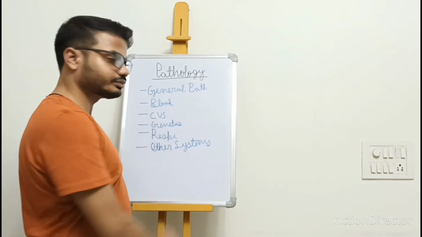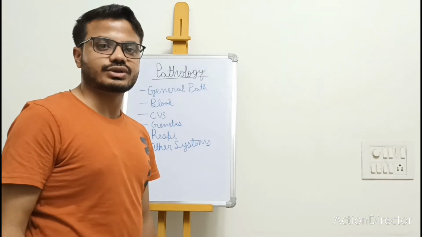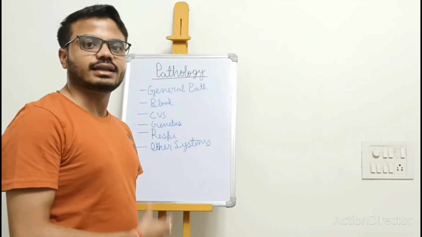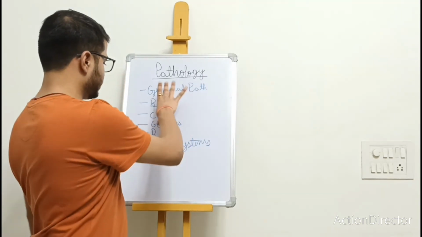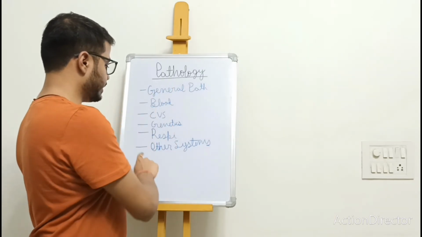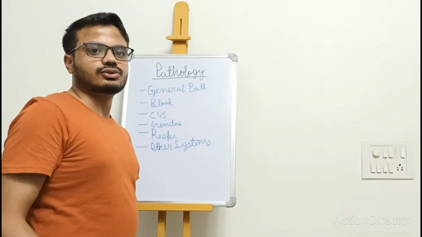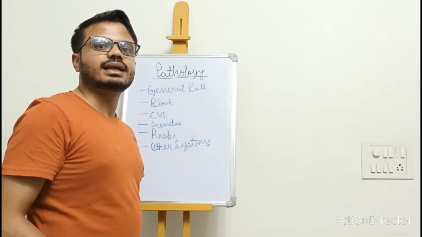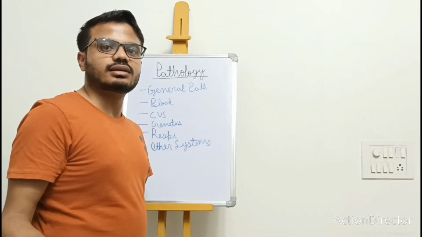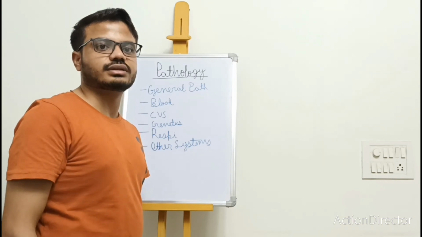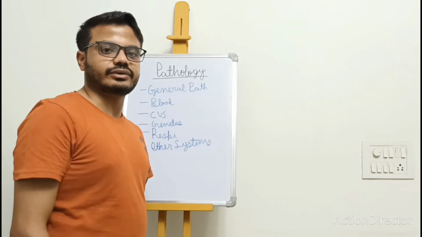And you have to know about gross images of CVS. And then if you are done with these five, you can go to other systems, right? So this was for path, and you can follow your rapid revision guide for this, right?